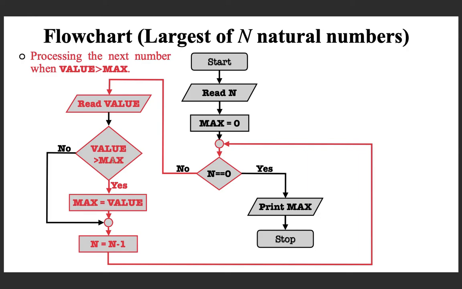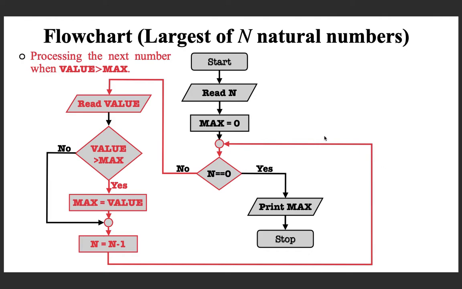For example, suppose that presently we have 10 as the maximum and now you are reading 20. In that case, 20 is greater than 10. You will take the yes branch, and you are saying maximum is 20. That's fine. And now the remaining number of numbers is decremented because you just have processed one number.